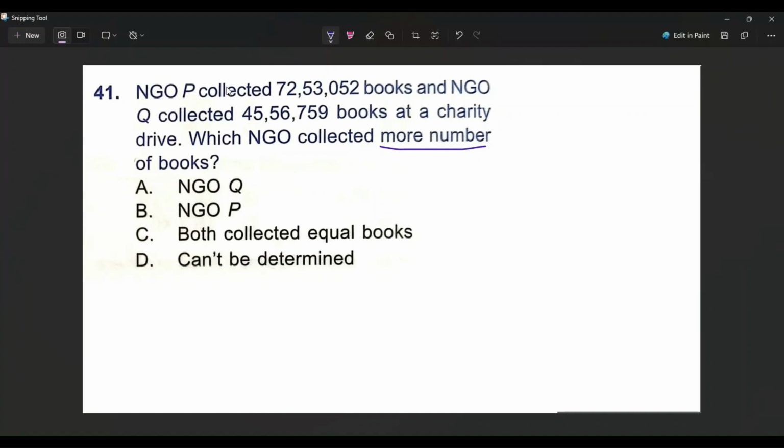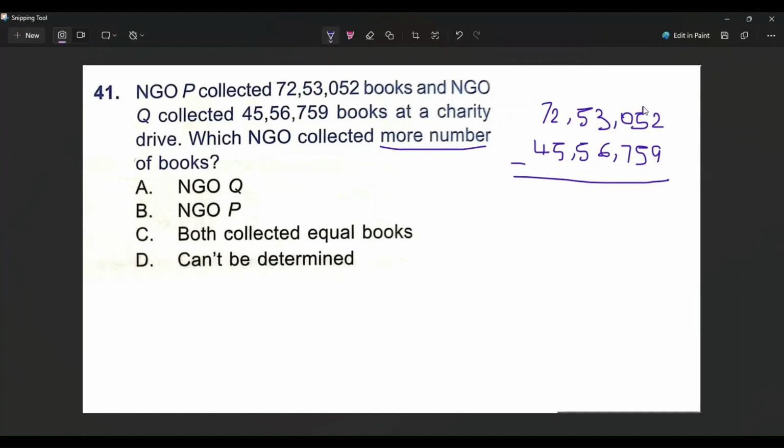So here we are supposed to get the difference between P and Q. P is 72 lakhs 53,052 books and Q is 45 lakhs 56,759 books. Now try to get the difference between these two numbers.